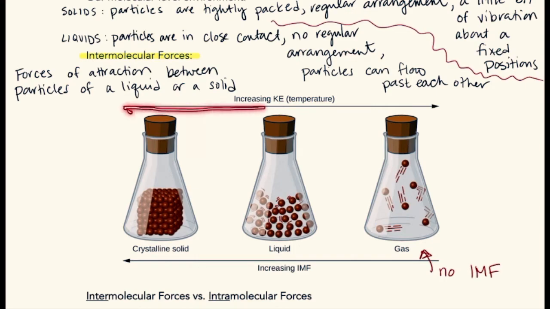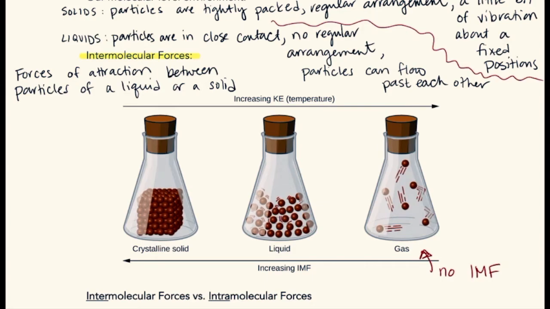Then as we increase temperature, we start to see the liquid phase, right? More kinetic energy present in those molecules. And then as we continue to increase the temperature even more, we start to see that evaporate and we get gas phase molecules. Essentially, the increased temperature is allowing us to overcome whatever intermolecular forces are there.